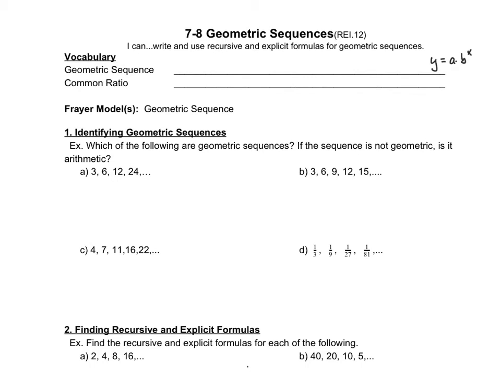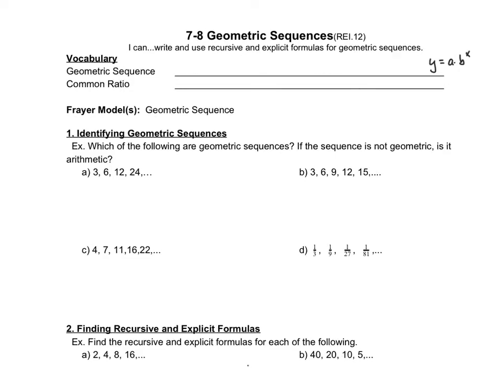Well, in a geometric sequence, b is going to be equivalent to my common ratio, and the common ratio is what those terms are changing by. In an exponential function, b is what my terms are changing by. A is going to be the initial value, and in a geometric sequence, that initial value is going to be your first term, which is a1, where you start.